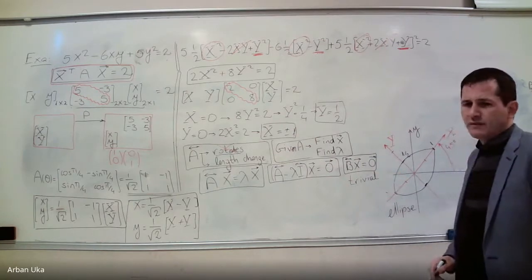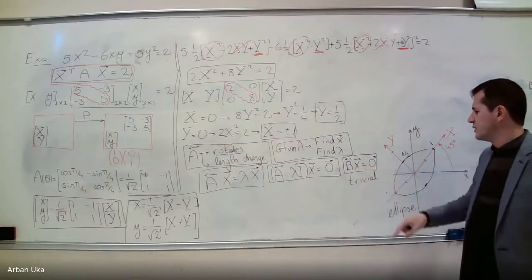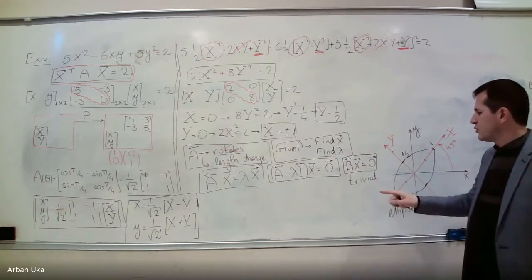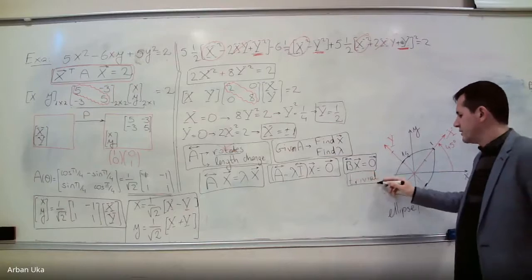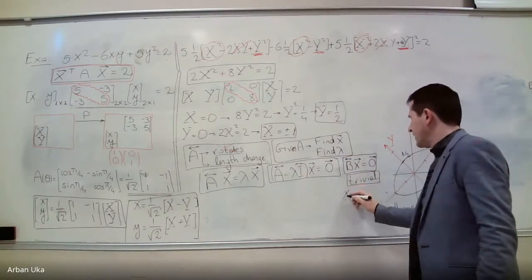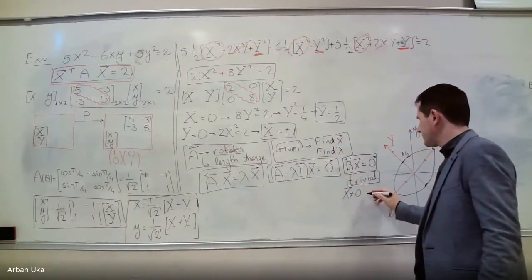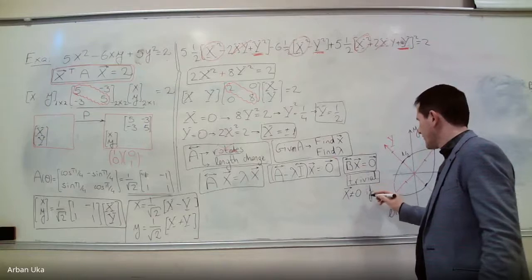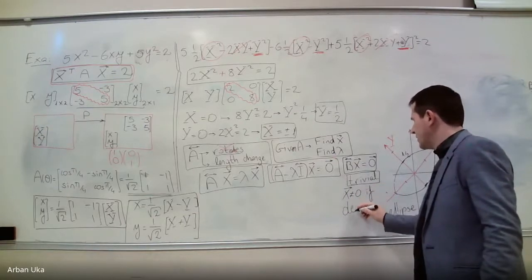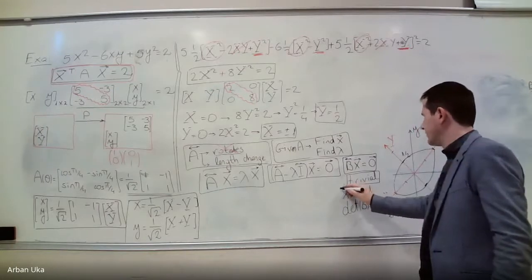The first option is for x to be the trivial solution. So we can say B times 0 is equal to 0. This is fine, but we don't want the trivial solution. We want x different from 0. And x is different from 0 when? Only if the determinant of B is equal to 0.